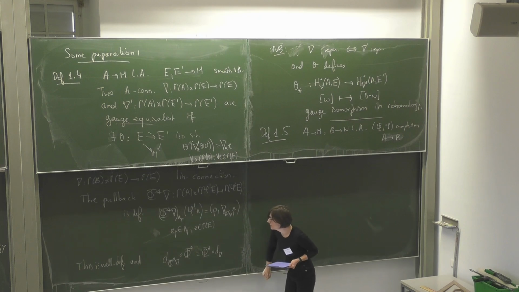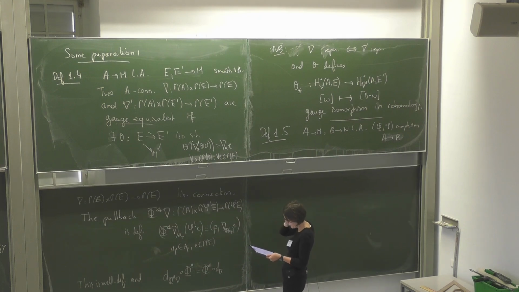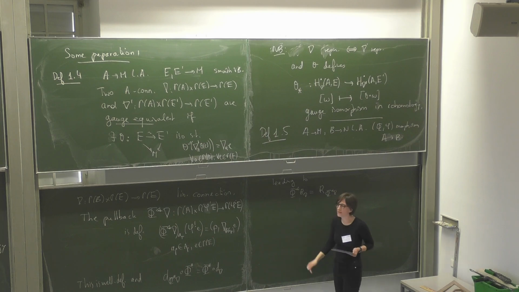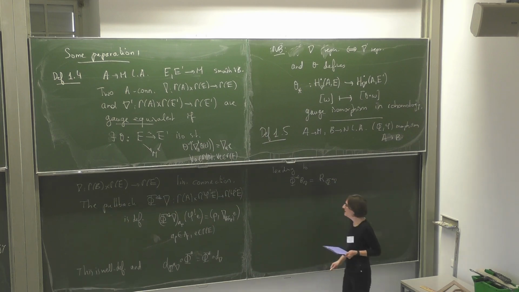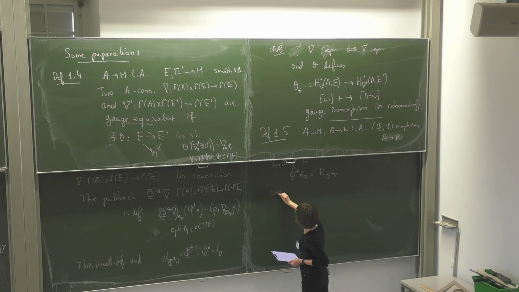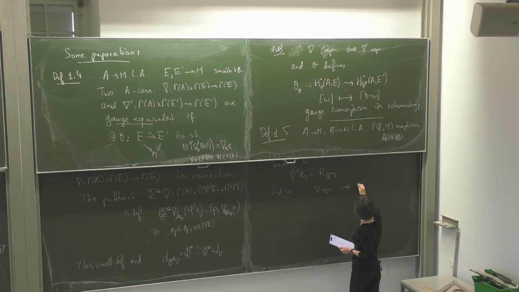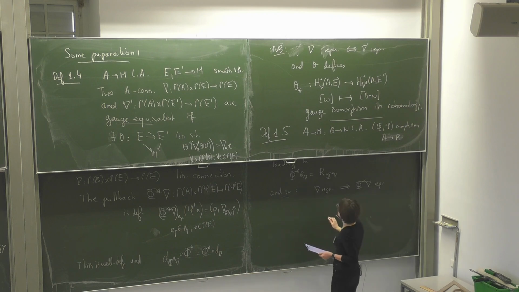So that leads us to the pullback of the form nabla being R of the pullback connection. Seems standard, but you have to check it. And so if nabla is a representation, then also the pullback is a representation, and you get a map again in cohomology.